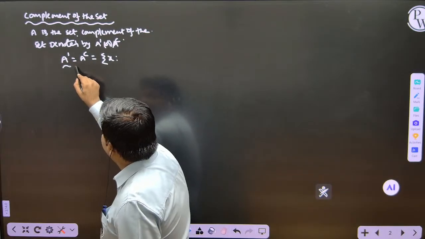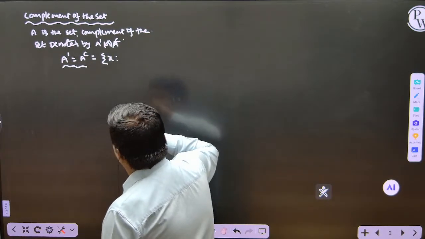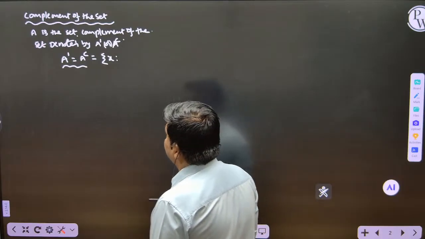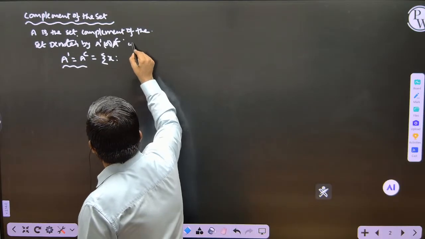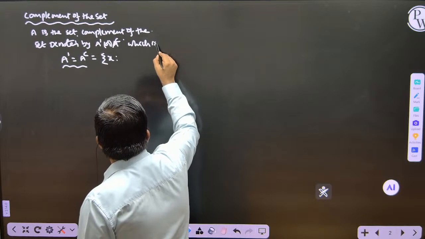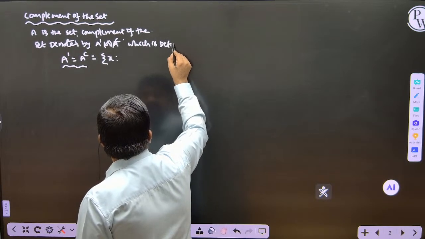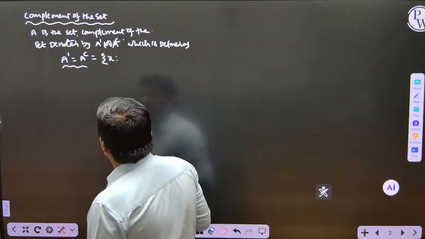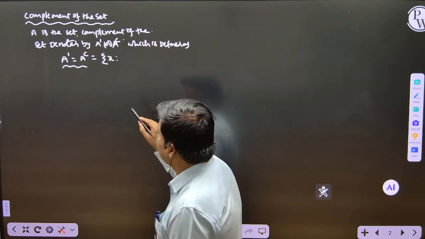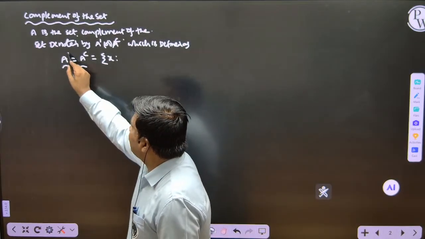A complement means what? A is the set, the complement of A is denoted by A dash, which is defined as consisting of the elements of A. So A complement is what?